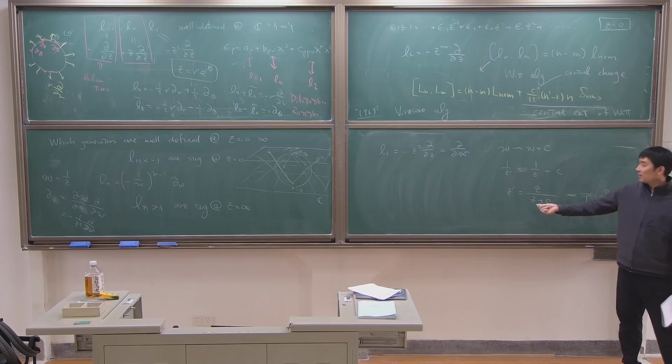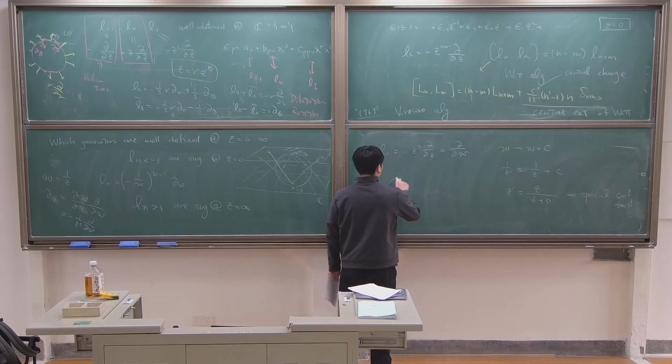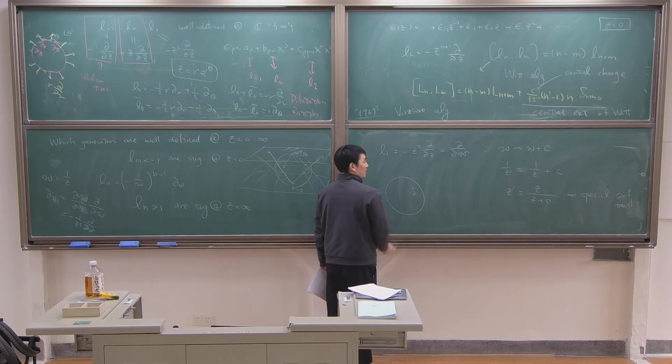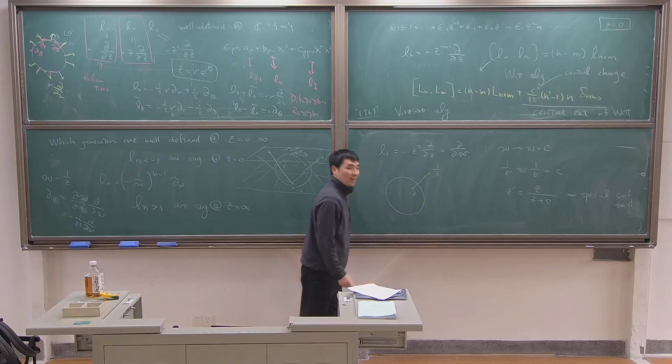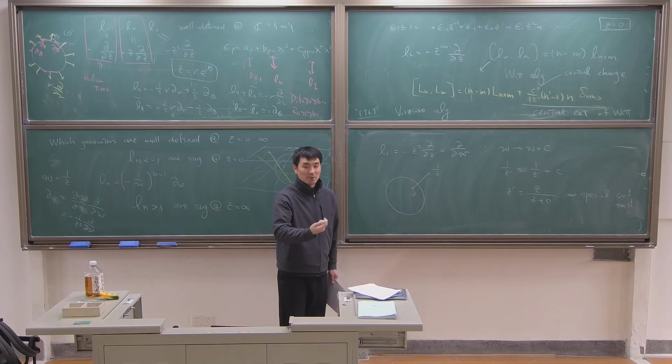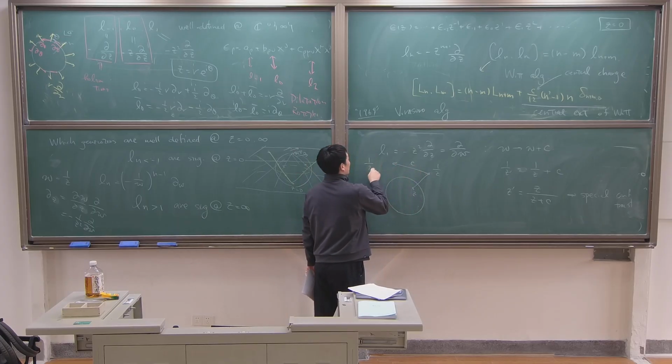You start with whatever variable z and map to 1 over z, which is a kind of holomorphic inversion, and map to 1 over z plus c, and take the inversion, and you get z over z plus c.